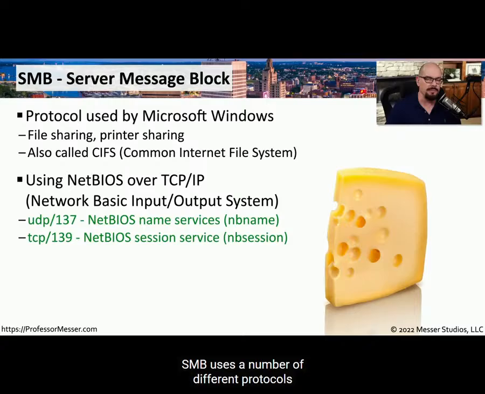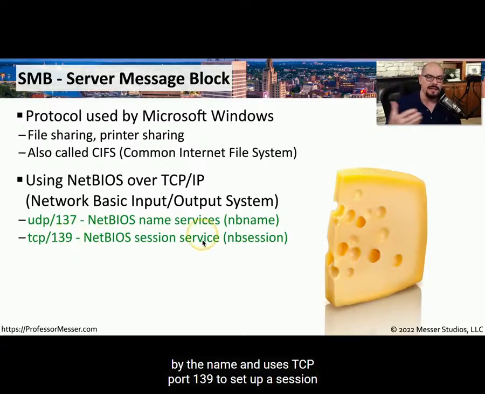SMB uses a number of different protocols to be able to communicate. And if you're communicating to an older Windows machine, you're probably using NetBIOS over TCP/IP. NetBIOS is the Network Basic Input-Output System. This uses UDP port 137 as a name service function so that it can find devices on your network by the name, and uses TCP port 139 to set up a session and transfer data between devices.